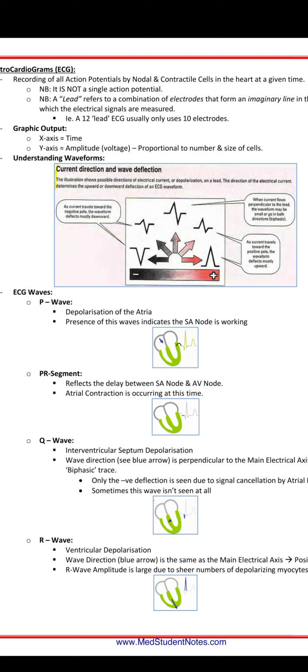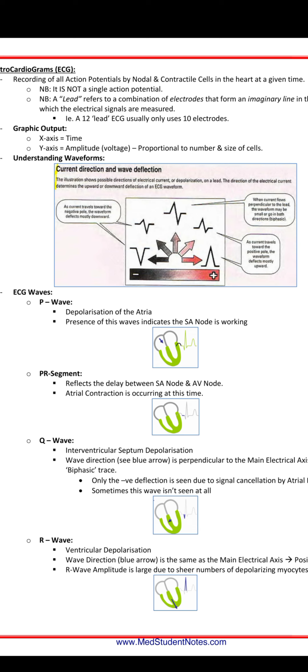In the PR segment, the SA node and AV node delay is recorded or reflected in the atrial wave. After that, there forms a Q wave.